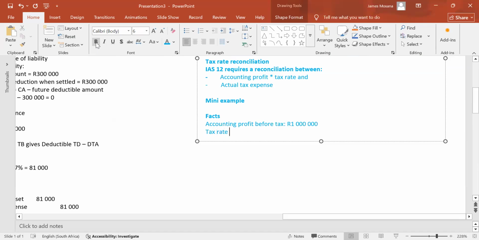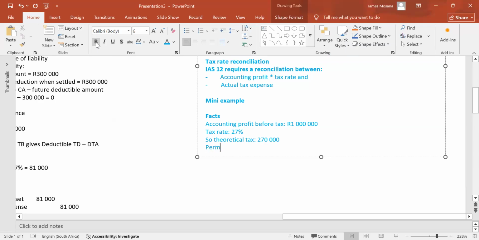We have our tax rate at 27%. So in essence, when we look at our theoretical tax, it would be sitting at 270,000.